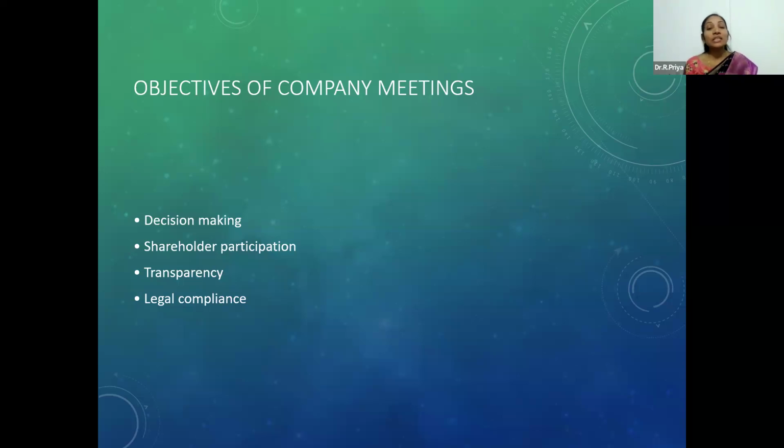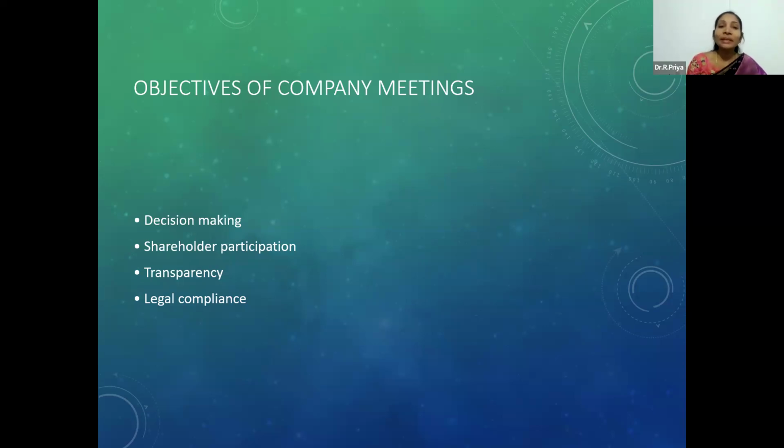Second objective is shareholders' participation. The company meeting provides a formal platform for stakeholders, even the shareholders, to participate in the affairs of the company.